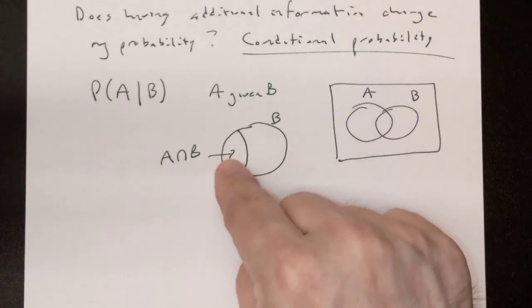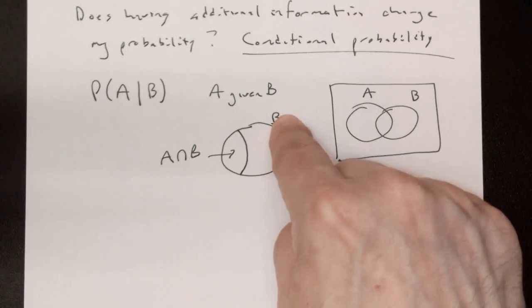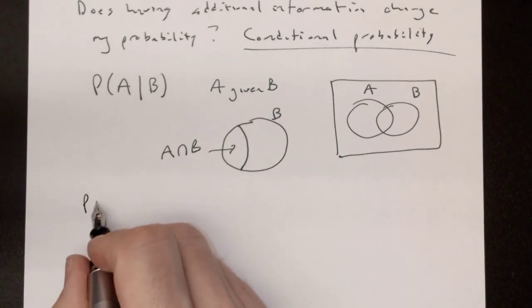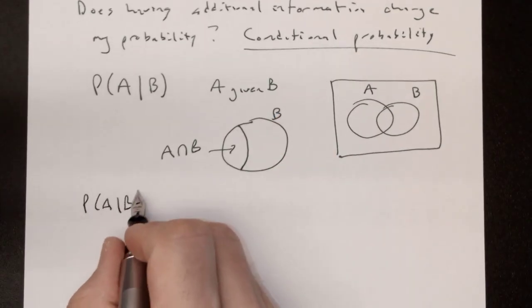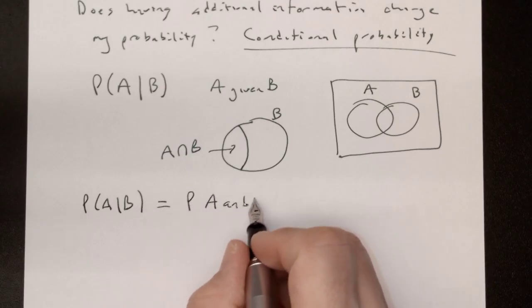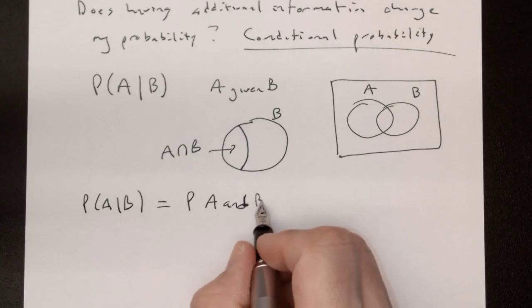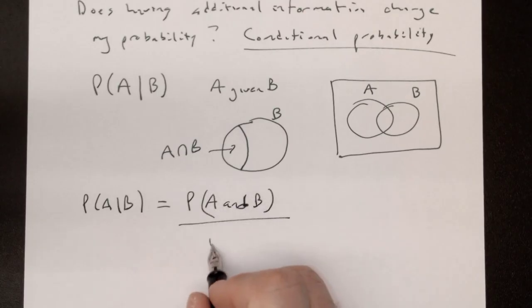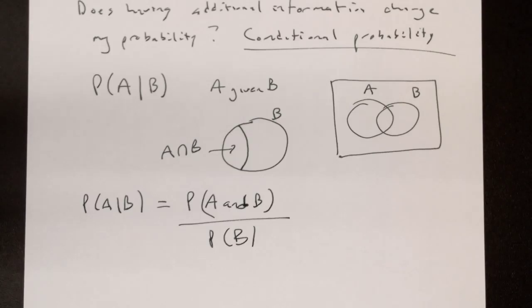I need the size of this divided by the size of that. The chance of A given B is the chance of A and B over the chance of B. Because I've restricted myself to this one circle instead of the whole sample space. I told you B had already occurred.